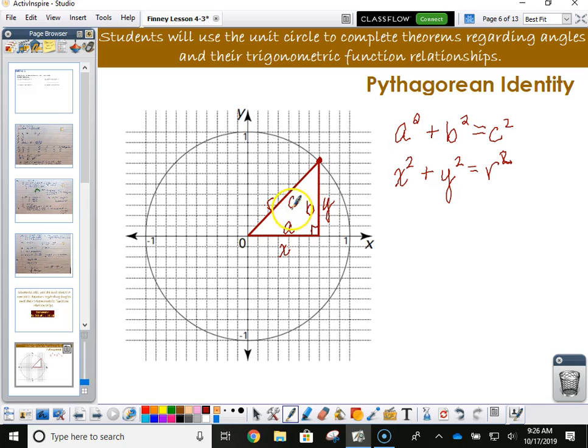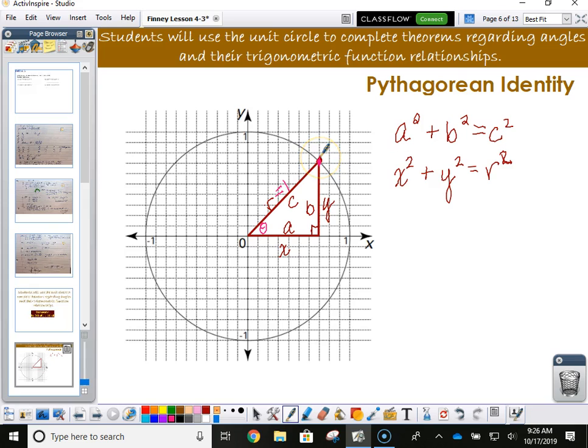But this is on the unit circle. So since this is on the unit circle, what is the radius? Well, the radius is 1. And how do I calculate x on the unit circle? This ordered pair right here is the rotation of (1, 0), right, by this angle.